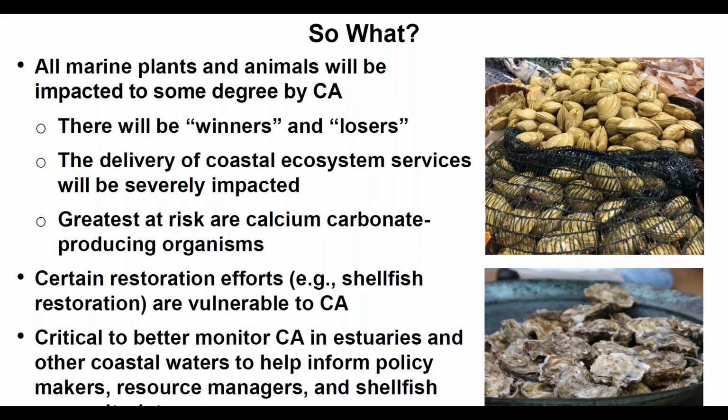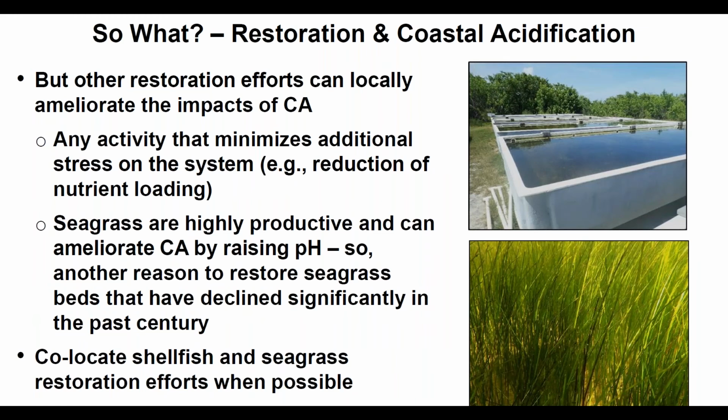Next slide. As already mentioned, and Kim had some really nice data to support this, other restoration efforts can locally ameliorate the impacts of coastal acidification. I'm specifically thinking of any kind of nutrient reduction, which is going to be helpful, but also restoration of seagrass beds, as he talked about how seagrasses can alter pH.